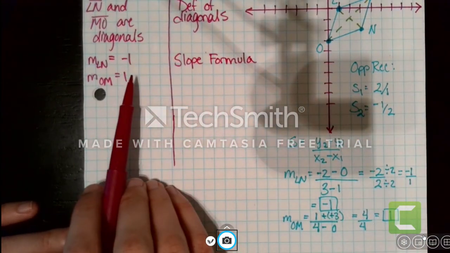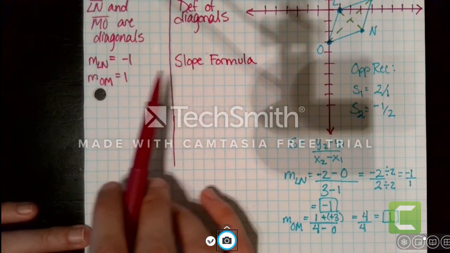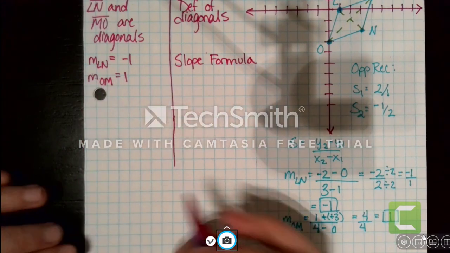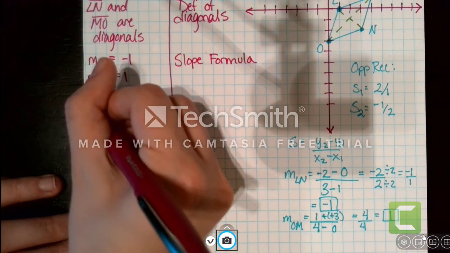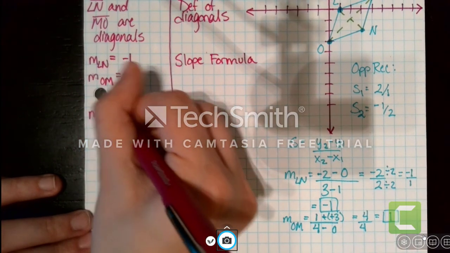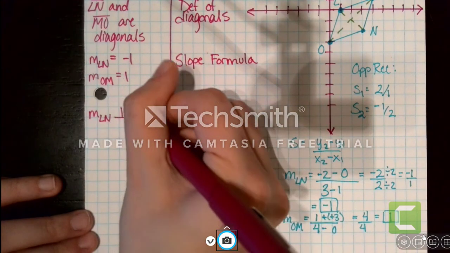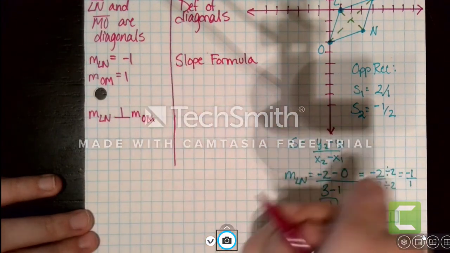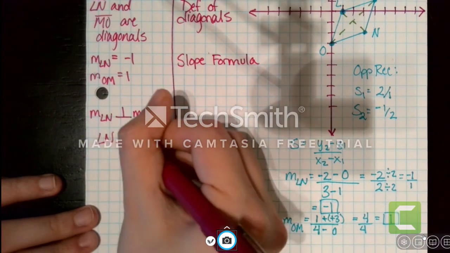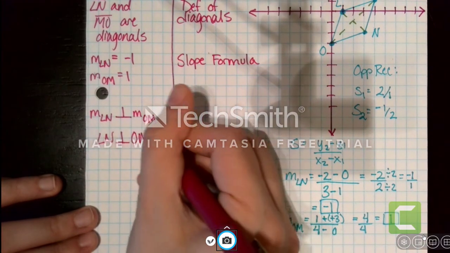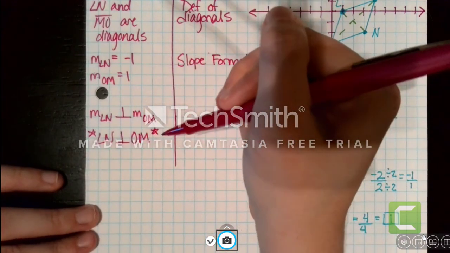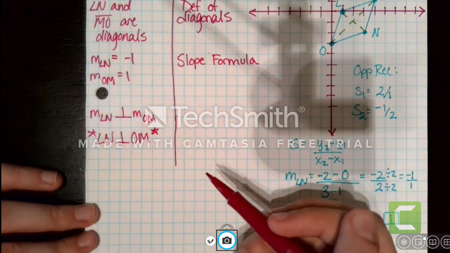Your fourth and final one would be that based off of what we know of the slope, as stated in this proof right here, we can write that the slope of LN is perpendicular to the slope of OM, or more specifically, LN is perpendicular to OM. I would prefer you to write it like this because based on our slopes, we're able to make the declaration about the segments.